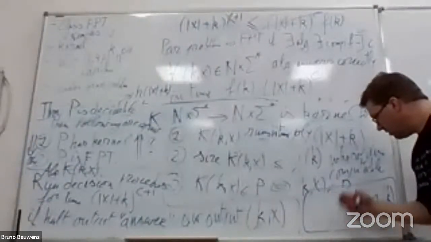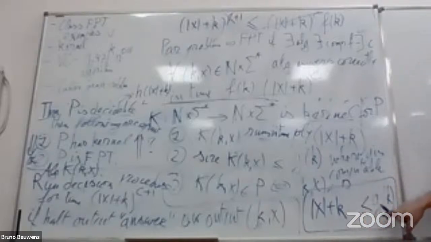But f of k can be exponential. It doesn't matter. That's what we have to prove: that the size of the reduced instance, which is the instance itself, x plus k, is smaller than g of k, where g is some computable function.